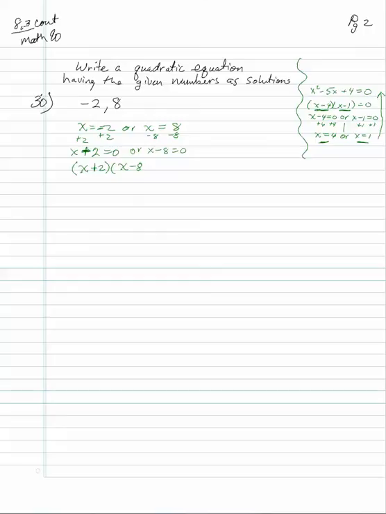Equals 0. We're going to FOIL it, so we're going to get x squared minus 8x plus 2x minus 16 equals 0. Then combine your like terms. And this quadratic equation has solutions that are negative 2 and 8.